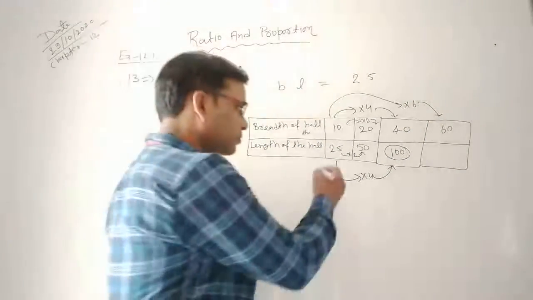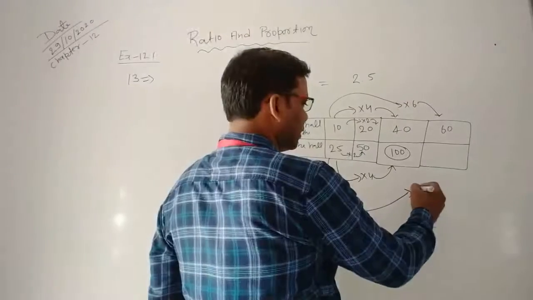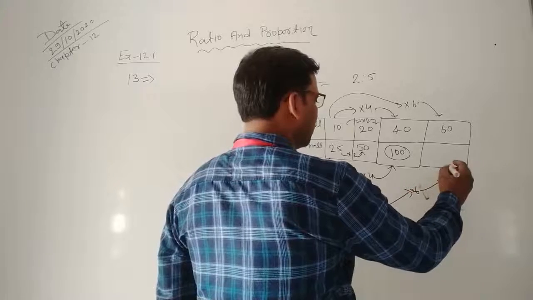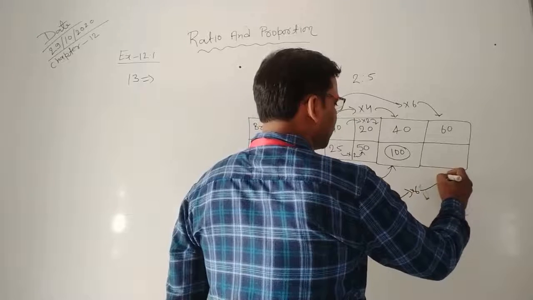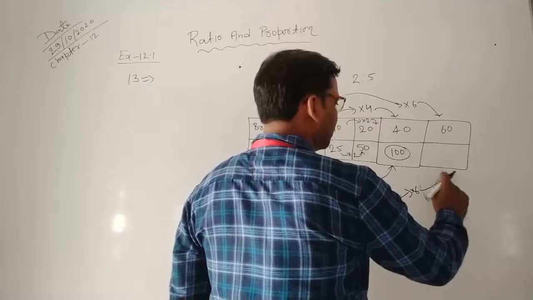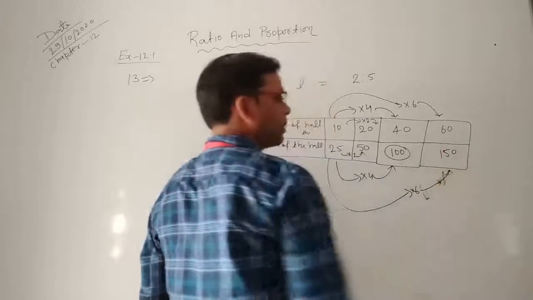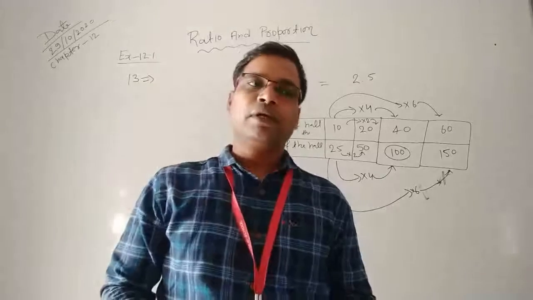So if you multiply by 6, you obtain here 25 times 6. This is equal to 150. Clear? I hope all of you understood.